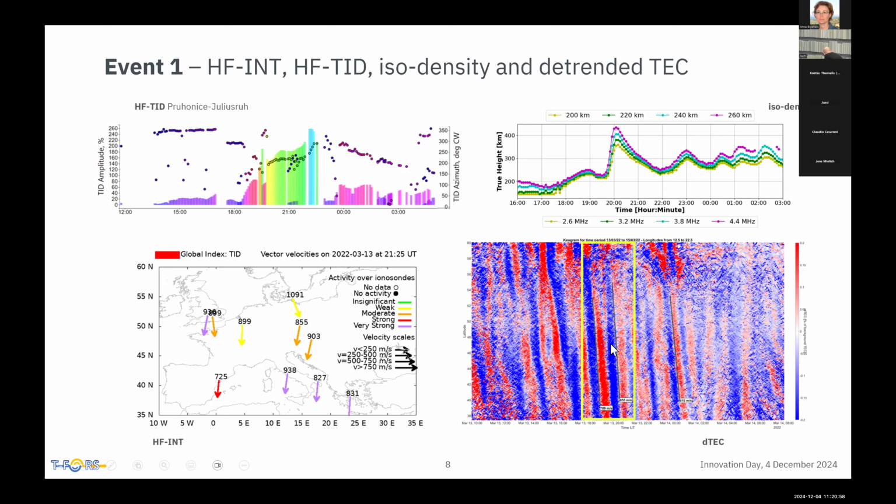And as you can see, we have here clear strips representing large-scale TID here. To be honest, there's something even before, but we are focused on this time period in which the strips are quite well parallel and quite well visible. So we are quite sure that here the trended TEC is saying that there are large-scale TID ongoing.